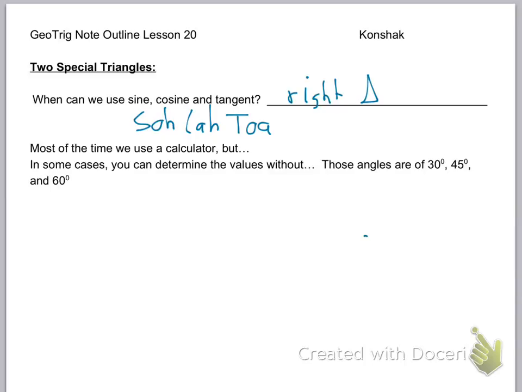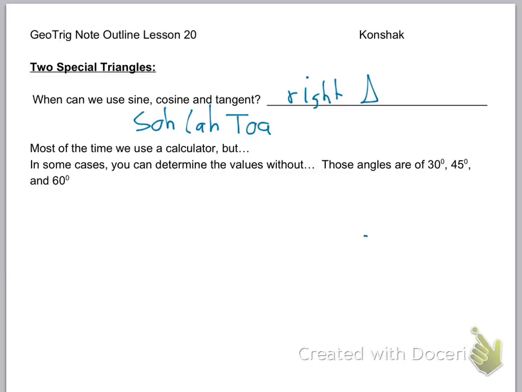Tangent is opposite over adjacent, correct? So each one of these sets up a trio of information. You either know the angle that goes into the function, or you know one of the sides, or you know the two sides so you can find the angle. So if you have two pieces of information, you can find the third very easily.